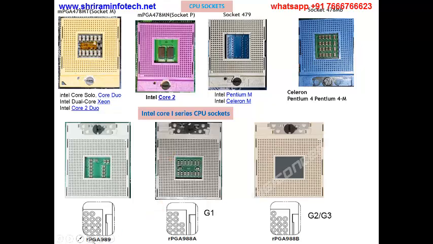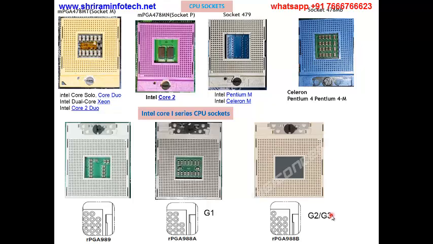One is rPGA 989, the universal one, with only one pin missing. Then there is socket 988A, with 2 pins missing on this side, where first generation processors are used. This one takes only first generation. This 988B takes only second and third generation processors.